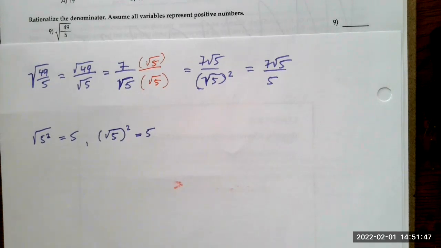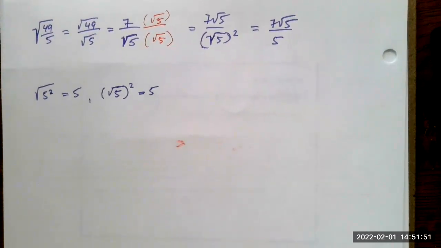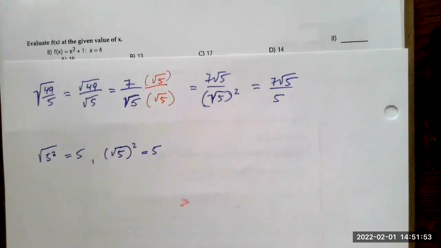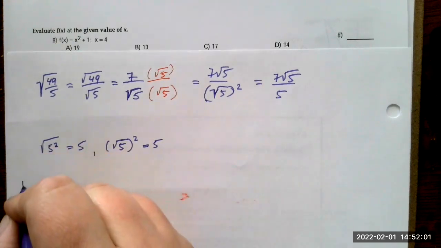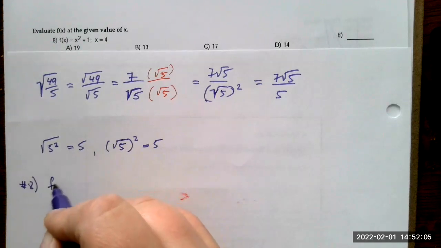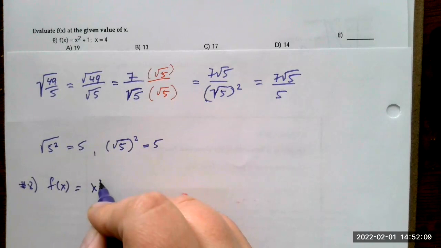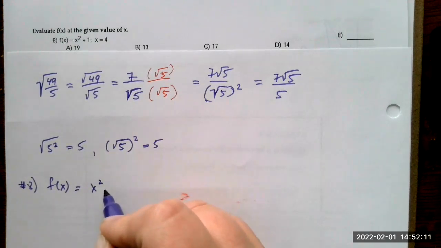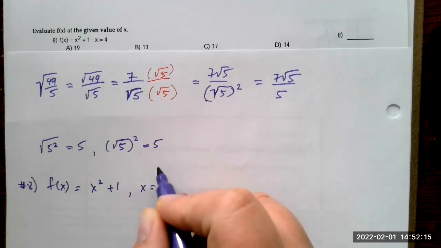All right, so let's go back to number 8 that we skipped. Number 8 says, evaluate f of x for the given x value. So we have f of x equals x squared plus 1, and x equals 4.